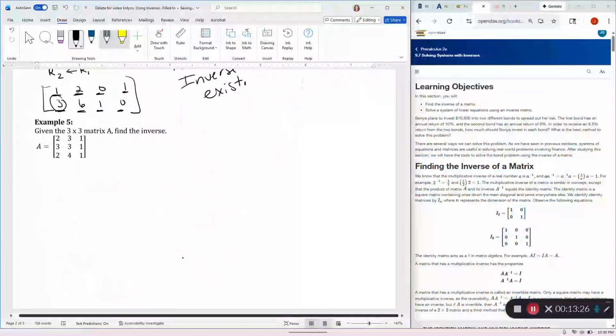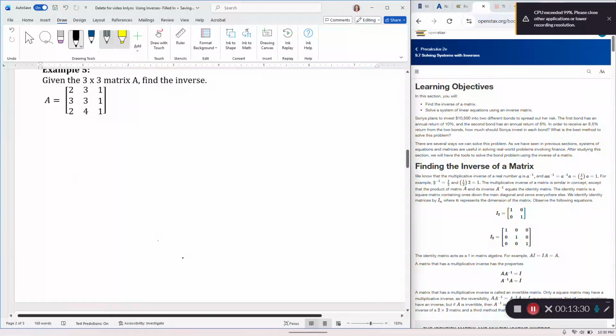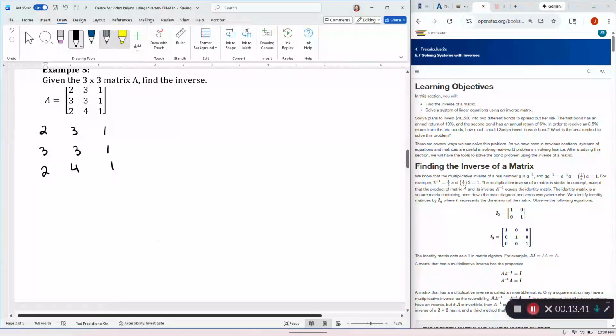All right, let's do that same method, but let's do it with this one. 3 by 3, we're looking to find the inverse. So we would do a 2, 3, 1, 3, 3, 1, 2, 4, 1, and then behind here, we put the identity matrix. So this is a 3 by 6.